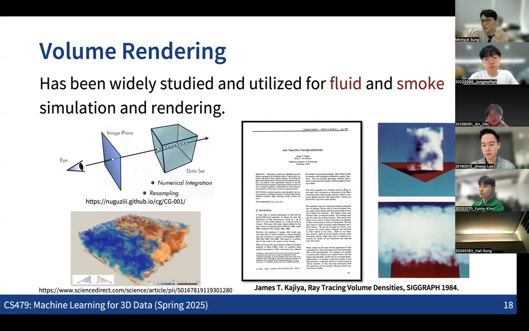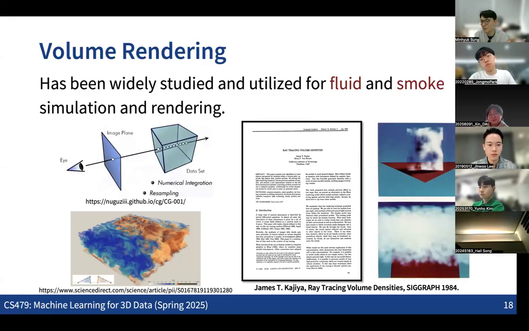This is a really old idea that has been used in computer graphics applications more than 40 years ago. It was first introduced in 1984, as you can see in this paper, a very old idea.